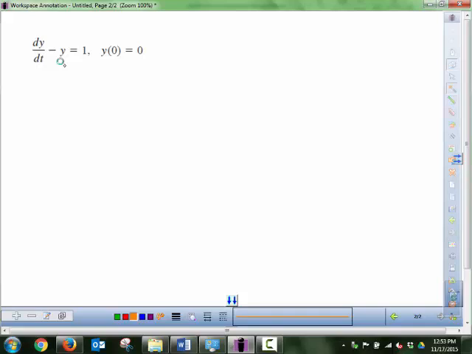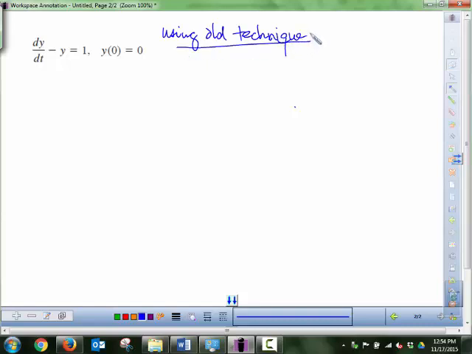My idea is to first solve this using calculus, which is probably going to be pretty easy for us, and then look at this from a Laplace transform point of view. So using old techniques, let's say it's separable, so we can separate it.